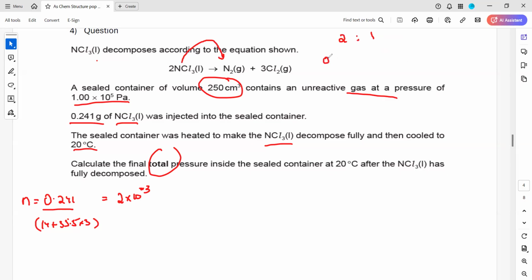So if it is 2 × 10^-3, this will be x. When we cross multiply, we get 1 × 10^-3. That is the moles of nitrogen. How many moles of chlorine will be there? The ratio is 2:3, so you can work out the moles of the chlorine.